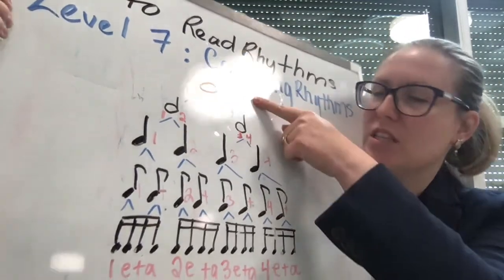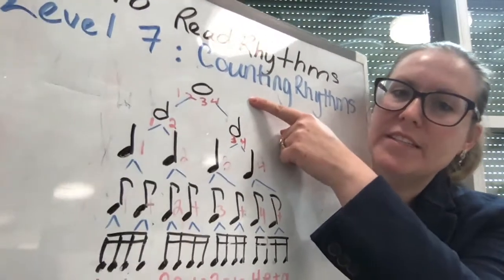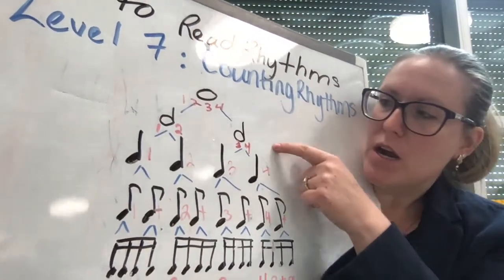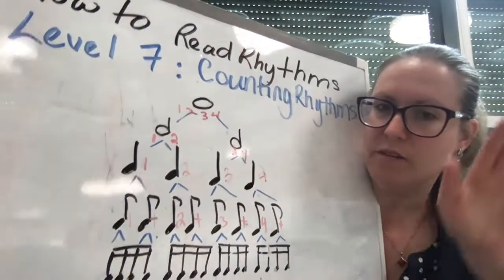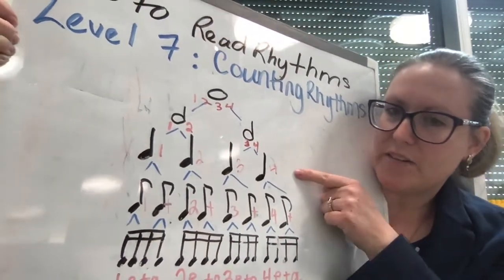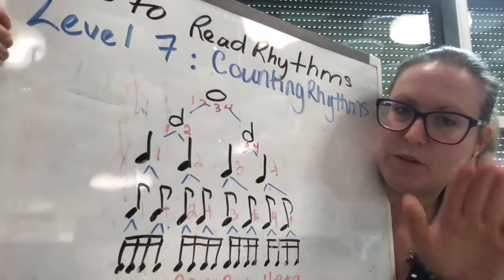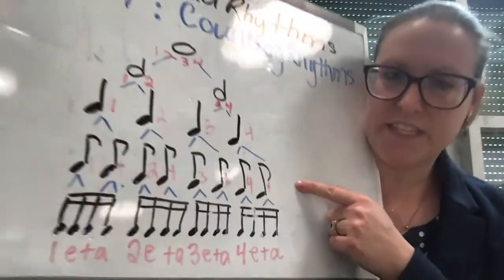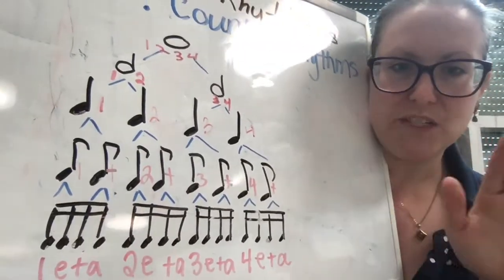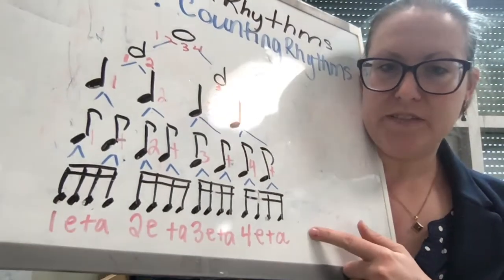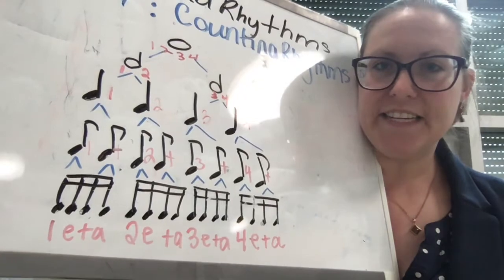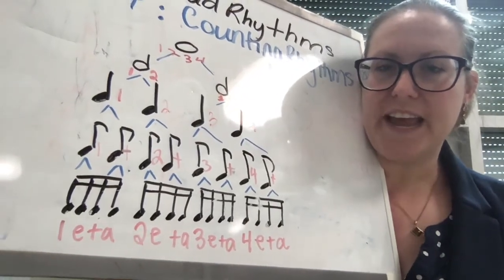And so we counted this as 1, 2, 3, 4. We counted this level of the rhythm tree as 1, 2, 3, 4. We counted this level as 1, 2, 3, 4. We counted this level as 1 and 2 and 3 and 4 and, and we counted this level as 1 e and a 2 e and a 3 e and a 4 e and a.